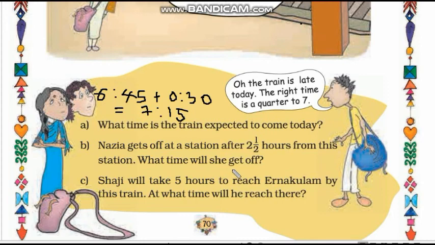And then question B, Nazia gets off at a station after 2.5 hours from this station. What time will she get off? So here Nazia gets off at a station after 2.5 hours.